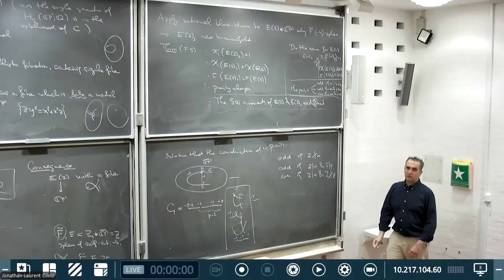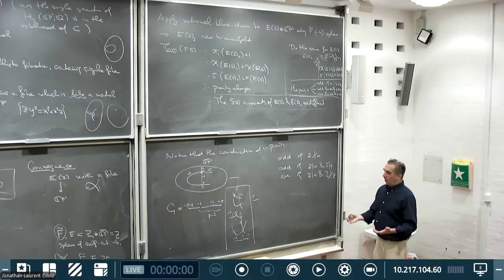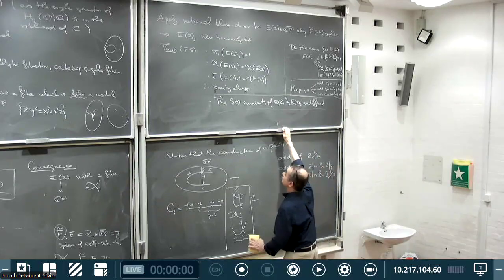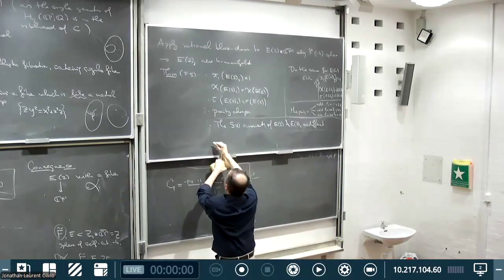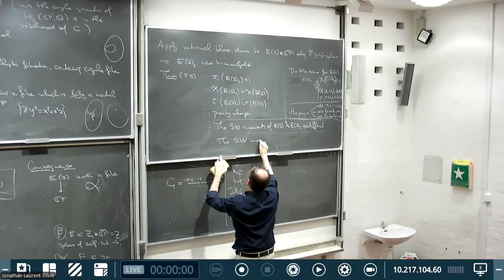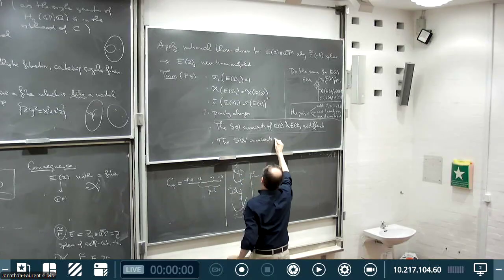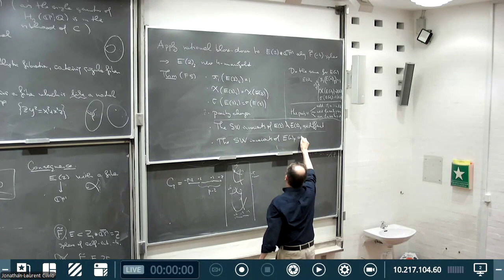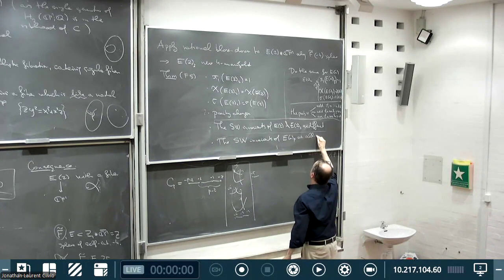Okay, so that's the statement. And then the final line still applies. The Seiberg-Witten invariants of E and P are all distinct.